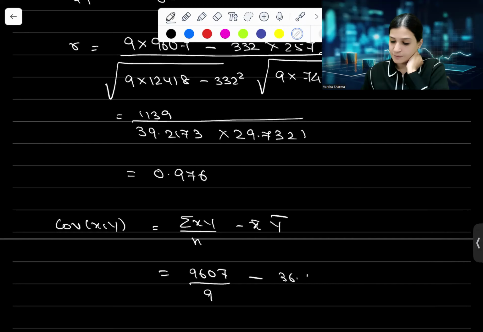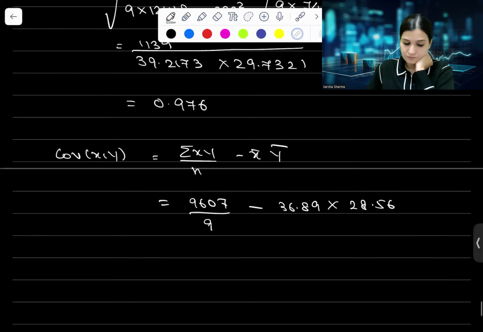X bar is 36.89, y bar is 28.56. The answer is 318.850.